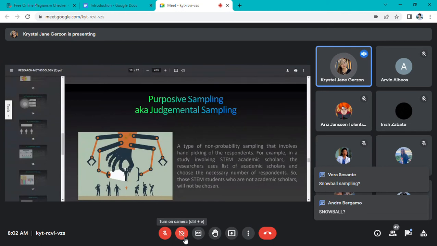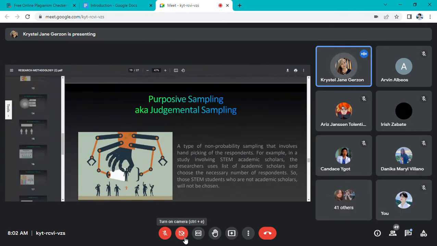Right, snowball sampling. So when we say snowball sampling, guys, if you can still recall, it is sampling via referral. So if, for example, it is difficult to find respondents because there is a set criteria, then you may also utilize snowball sampling, wherein you would ask your friends or even your existing respondents.